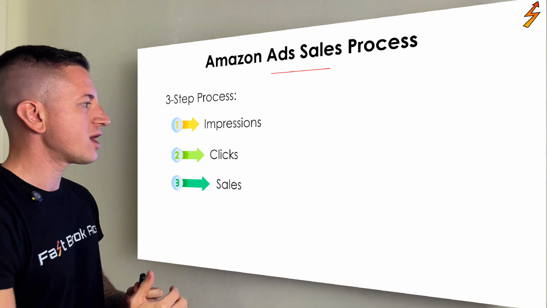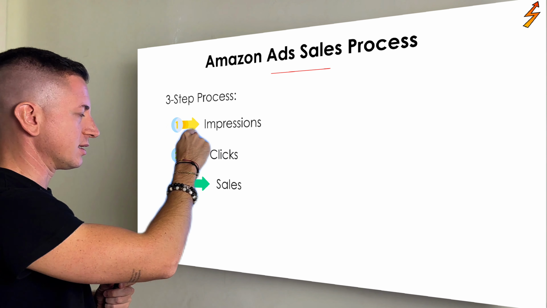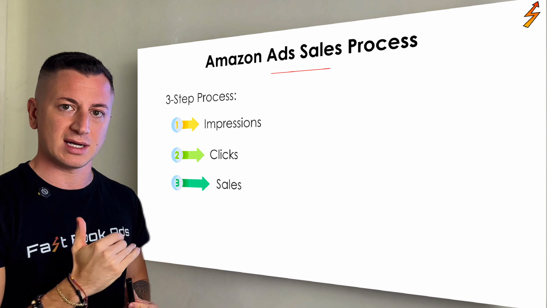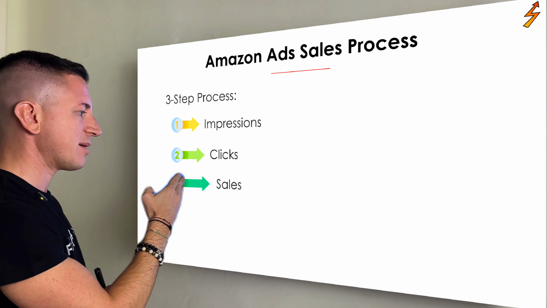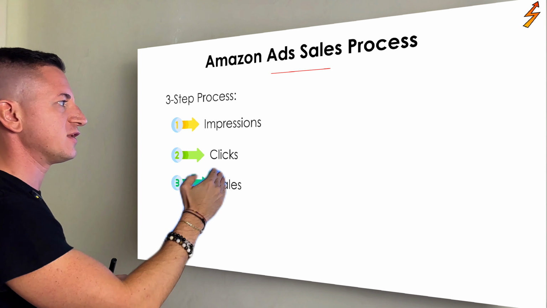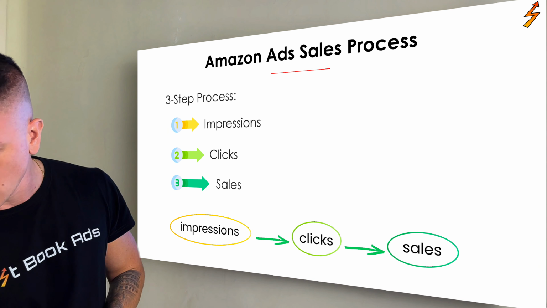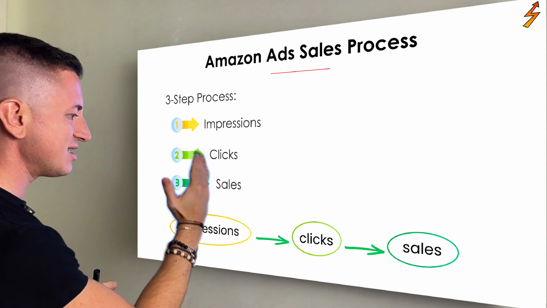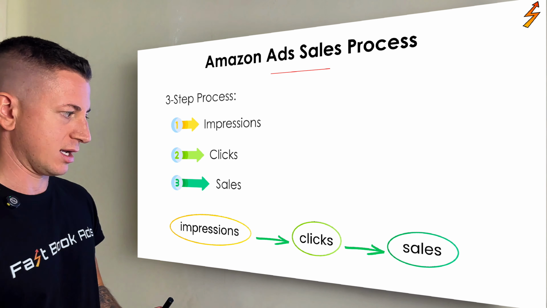If not, we have to fix first step number 1, then step number 2, and only at the end can we fix step number 3. We can't think to fix step number 3 without fixing the first one and the second one. It's impossible. So you have to remember this process when you analyze your Amazon ads.